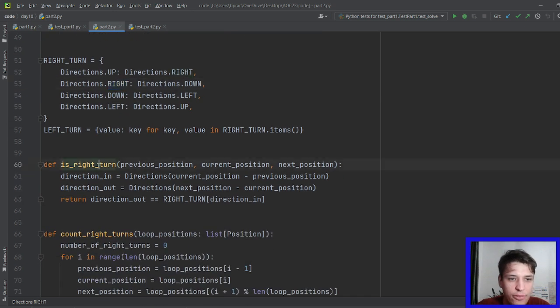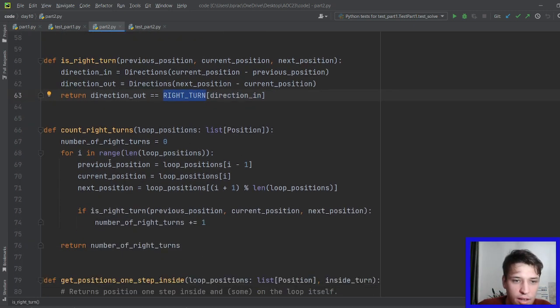Okay, we can use that to define this function that, based on 3 positions, tells us whether this is a right turn or not. We consider the direction in, which will be the direction from the previous position to the current position, and the direction out will be the direction from the current position to the next position. Then we just check if the direction out is equal to the direction in turned right.